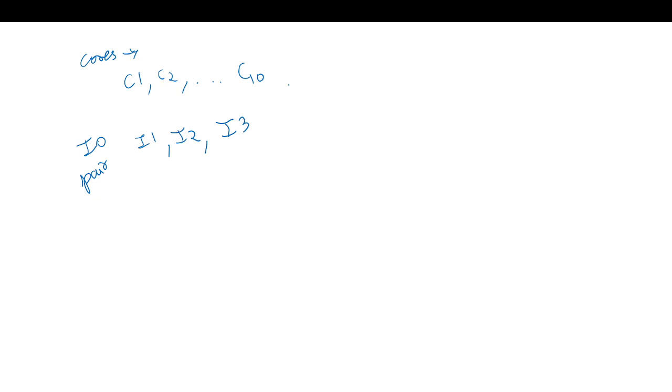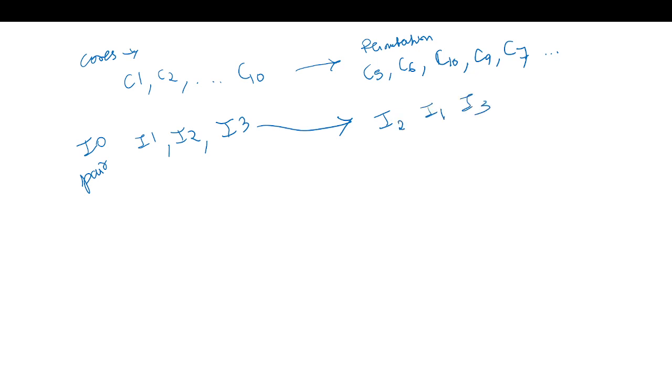Now the permutation and combination: say we test this particular combination C5, C6, C10, then we will test C9, then C7, and then further. And for IO mapping, say first I2 will be called, followed by I1, I3.